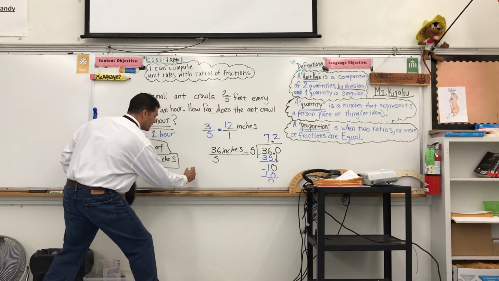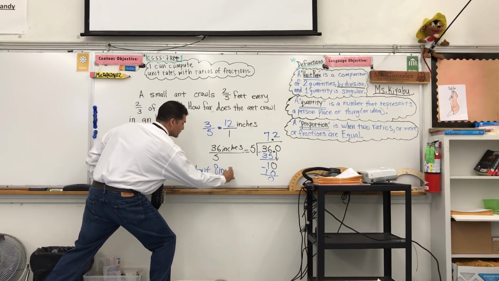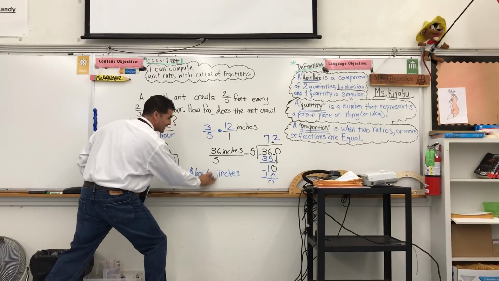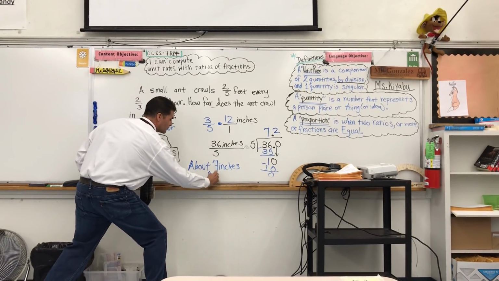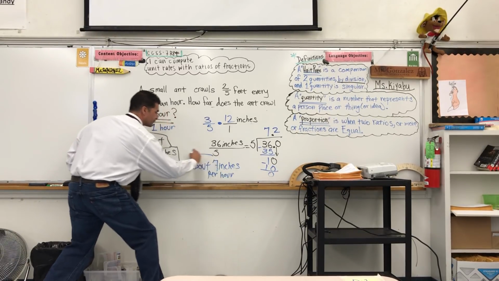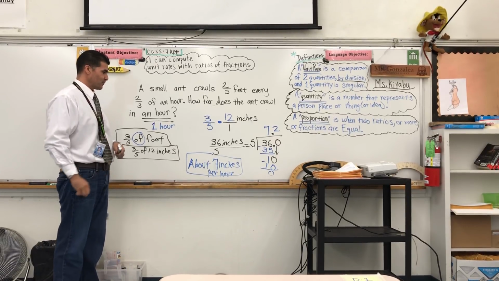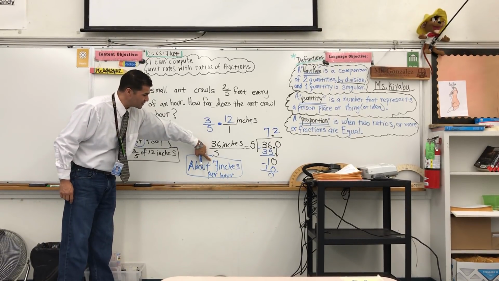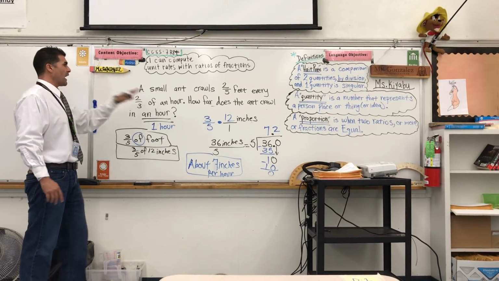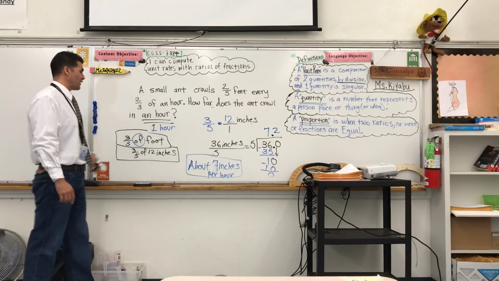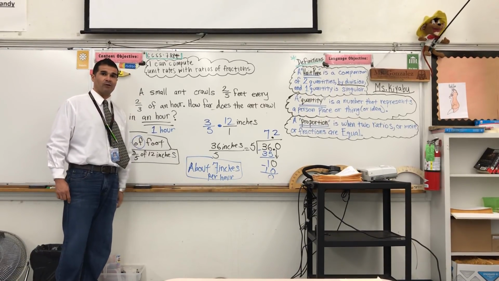So now I'm going to write, this is about 7 inches per hour. And that's how I do a problem like this. So now that I know that this ant crawls about 7 inches per hour, I'm done answering how far this ant crawls every hour. It's 3/5 of a foot, which is about 7 inches every single hour.